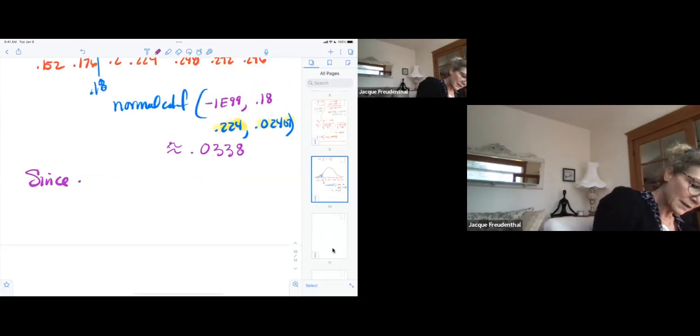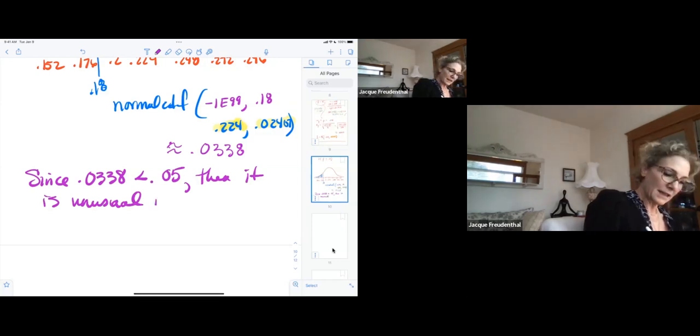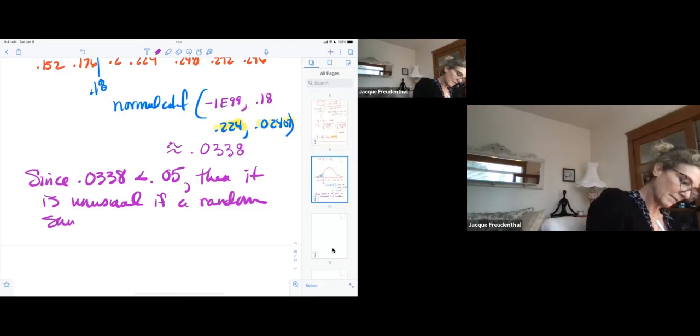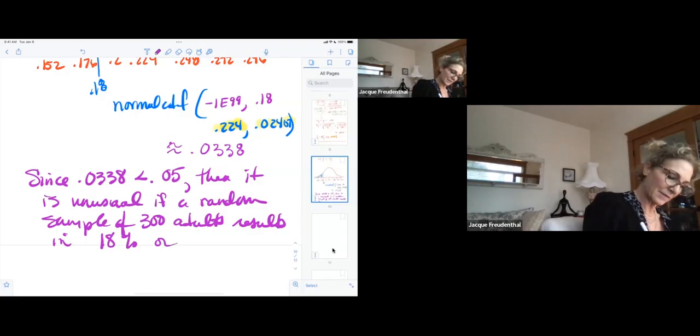Since 0.0338 is smaller than 5%, then it is unusual if a random sample of 300 adults results in 18% or less who are smokers.